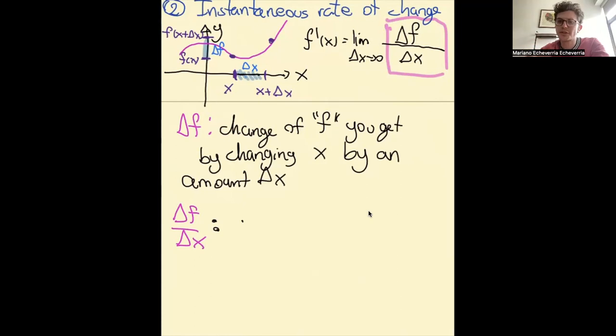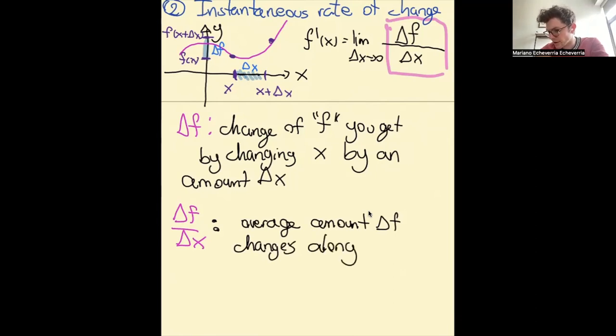It's kind of spreading out the change of f along x. So it's like the average amount that f changes with respect to x, along the interval of size delta x.